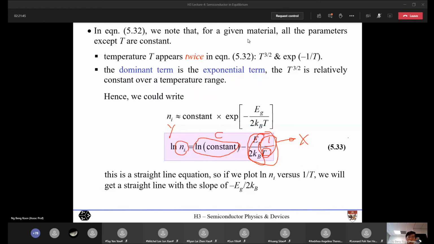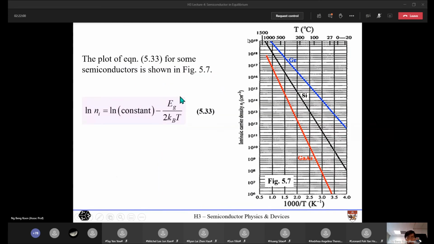In other words, if you do this experiment, measuring how Ni changes with temperature and plotting the straight line curve, you can find out the band gap of the semiconductor by determining the gradient. This is something we do to measure the band gap of a semiconductor, by changing the temperature, measuring the intrinsic carrier concentration, and plotting it as a straight line.